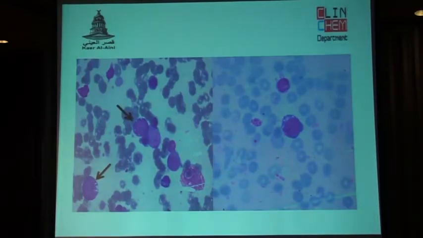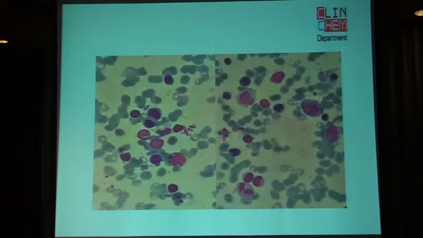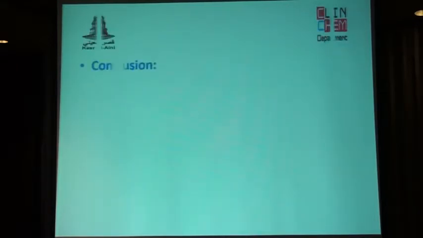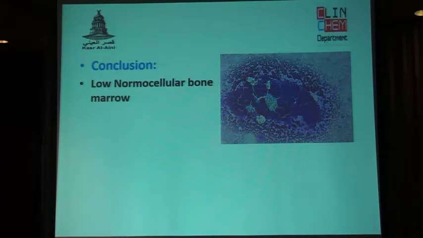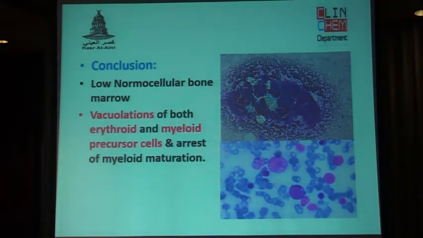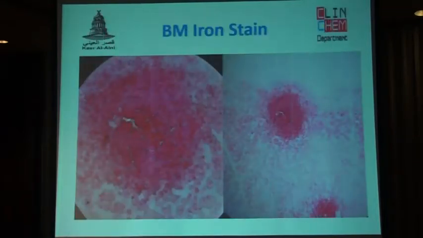This is vacuolation in the early erythroid precursor. Also, the erythroid series revealed mild dyserythropoietic changes. So the final conclusion was a low normocellular bone marrow, vacuolation of both erythroid and myeloid precursor cells, and arrest of myeloid maturation.